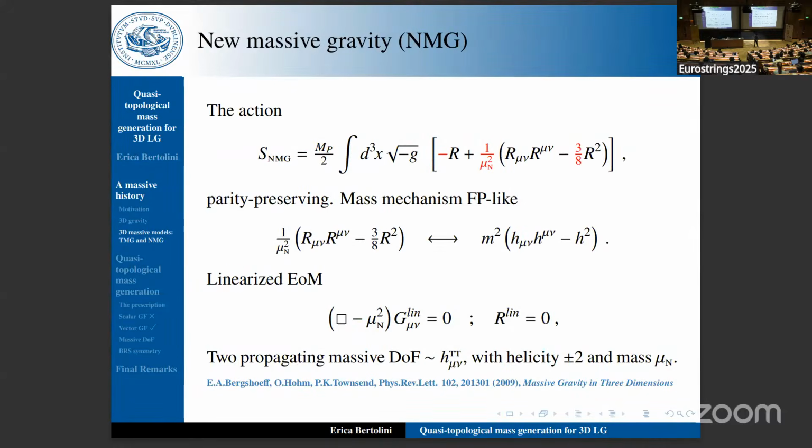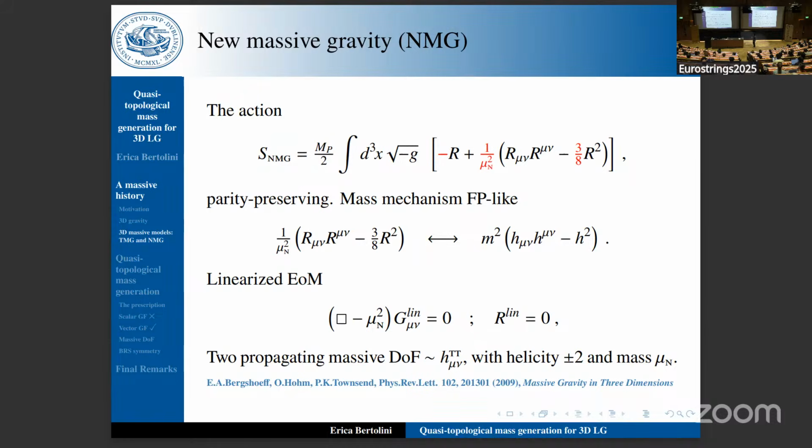On the other hand, the new massive gravity model is similar. We have, again, the Einstein-Hilbert term with negative sign and a higher derivative term in terms of the Ricci tensor and scalar. This time, the theory is parity preserving, and the mass generation mechanism is more like a Fierz-Pauli term, let's say.